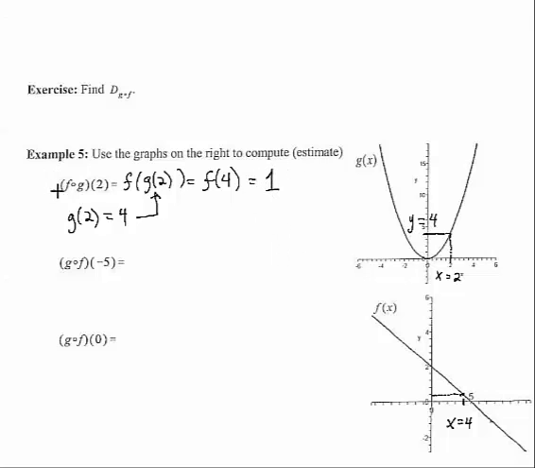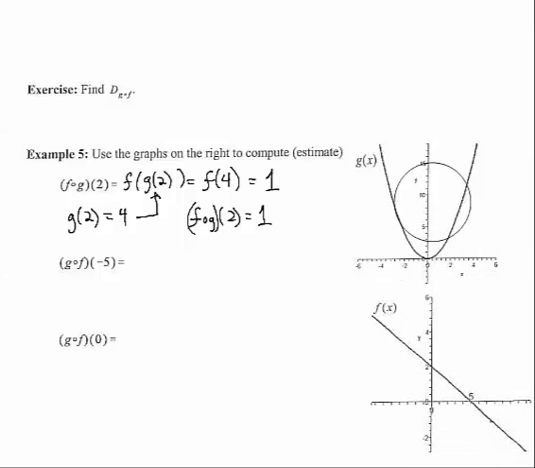So the composition f of g of 2 is 1. F of g of 2 equals 1.